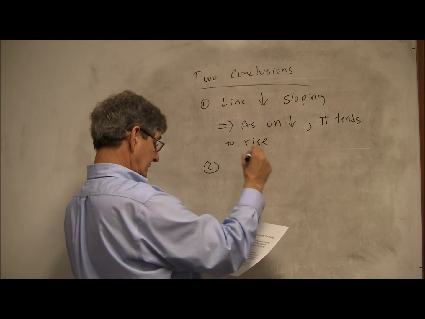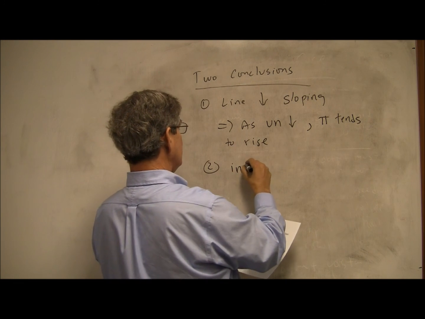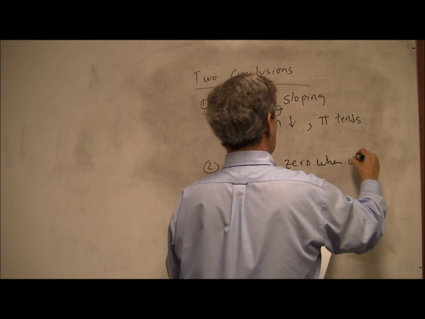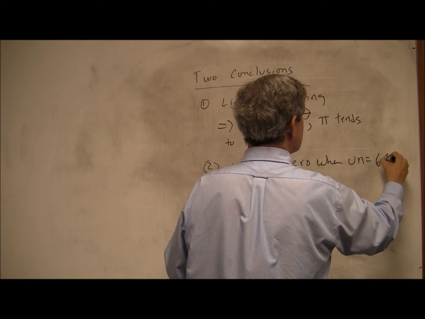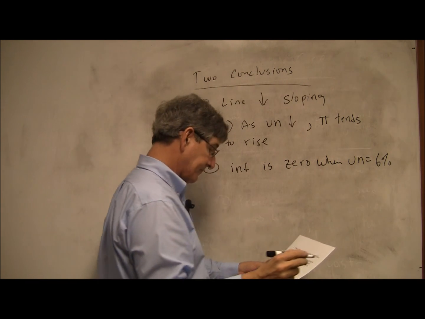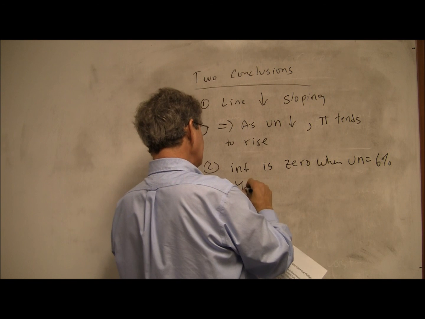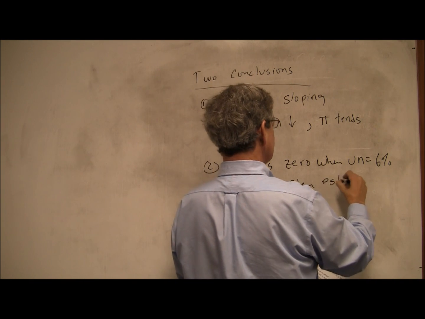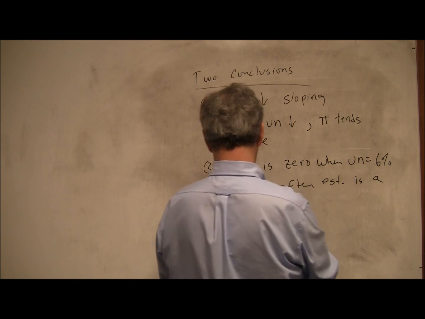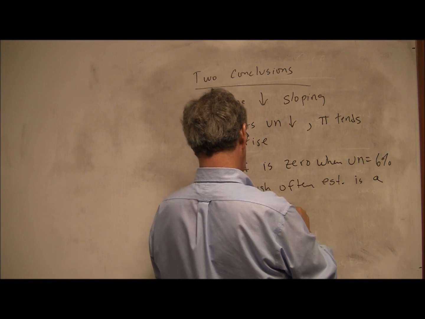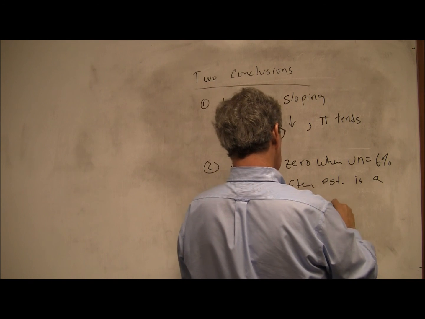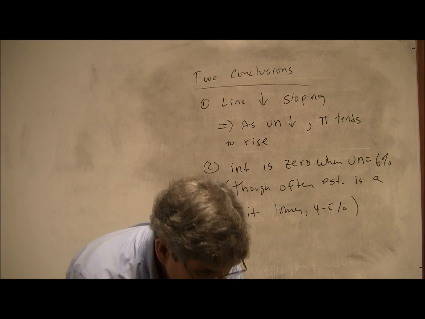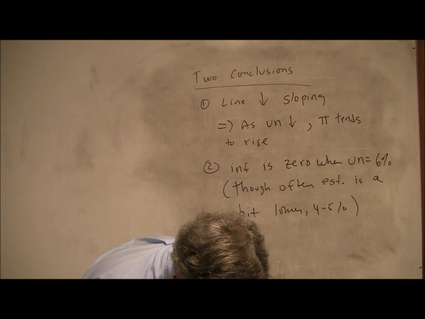Second, inflation is zero when unemployment equals around 6% in the graph I showed you, though often the estimate is a bit lower, 4 to 5%. Depends on how you calculate the Phillips curve. But anyway, that's what the Phillips curve tells us.